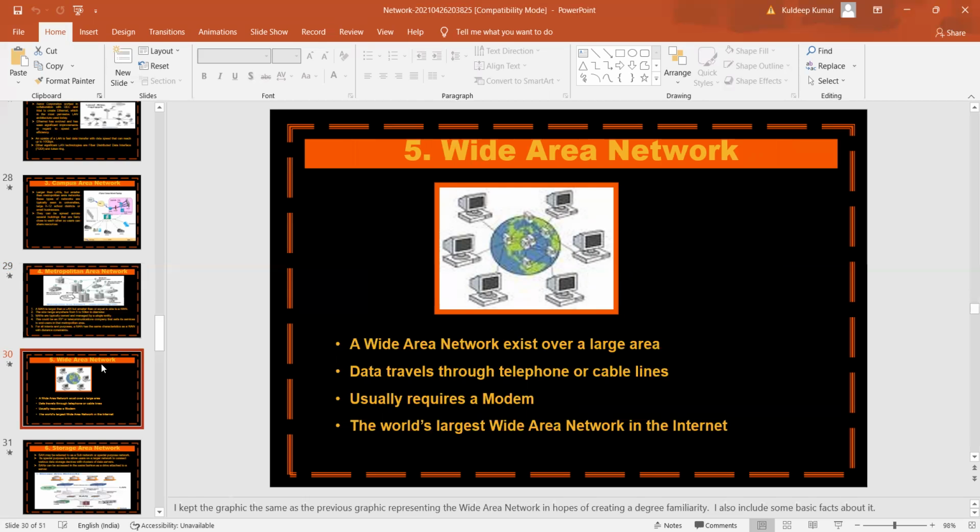The world's largest wide area network is the internet. With the help of the internet, we can today communicate out of country, out of city, and out of state. This is because of wide area network, where we can cover a big geographical area, meaning we can communicate throughout the country.